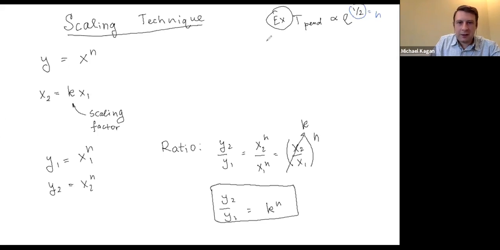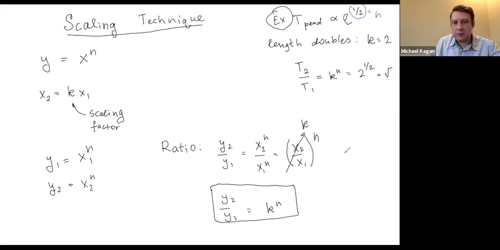So if we say that the length doubles, that means the scaling factor is 2, right? So the period 2 over period 1 is k to power n, right? K to power n, which is 2 to the power 1/2, which is root of 2.